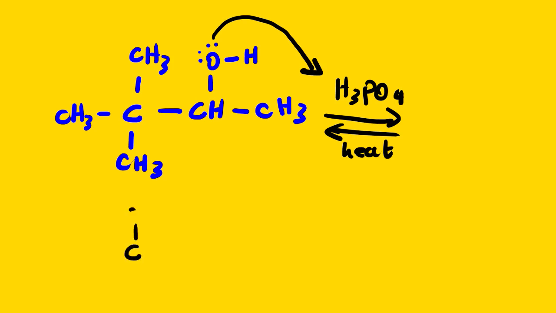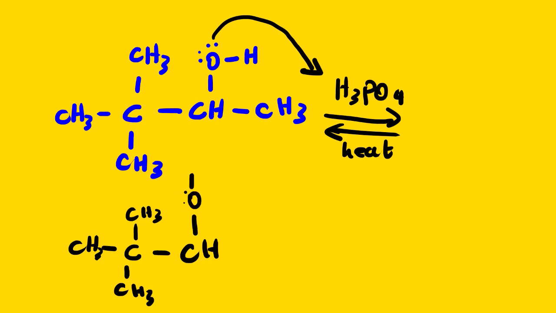Then we are going to have a new compound with a good leaving group. It has a positive charge. Then we have CH3 here. And then the leaving group will actually leave with a pair of electrons.